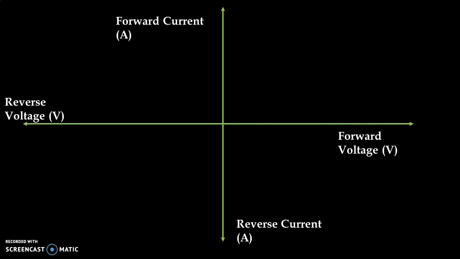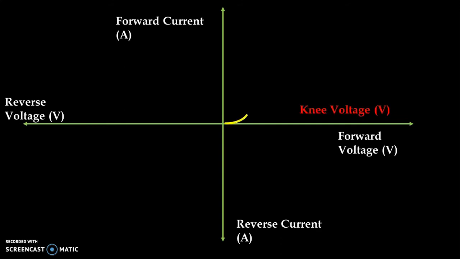So normally we use first quadrant and third quadrant for VI characteristic of the diode or Zener diode. When we apply voltage in the forward direction, or when Zener diode is forward biased, the characteristic is almost similar to the PN junction diode.